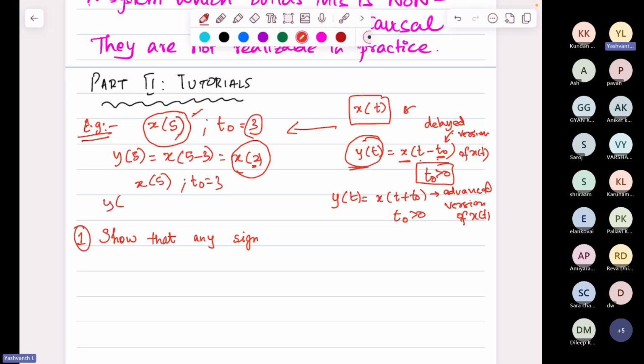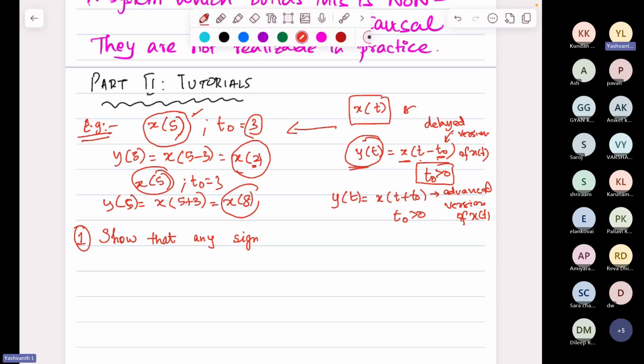But I'm actually reading y of 5 equal to x of 5 plus 3 equal to x of 8. I should have read x of 5 now, but I'm reading x of 8. That is, I should take the output of the signal at t equal to 5, but the output coming out corresponds to t equal to 8, which is some future value. So that's called an advanced version of x of t.